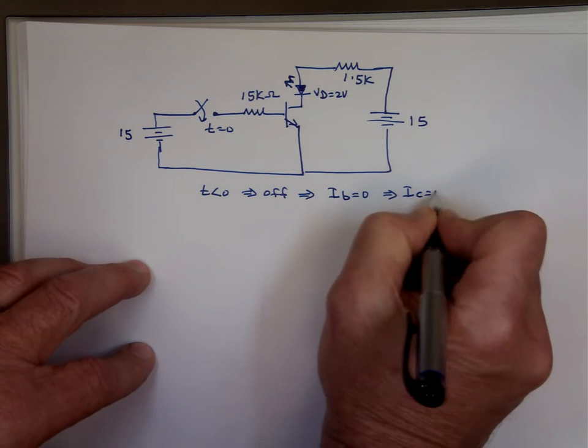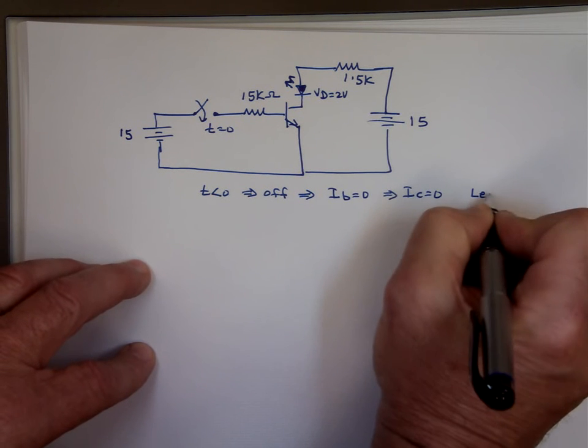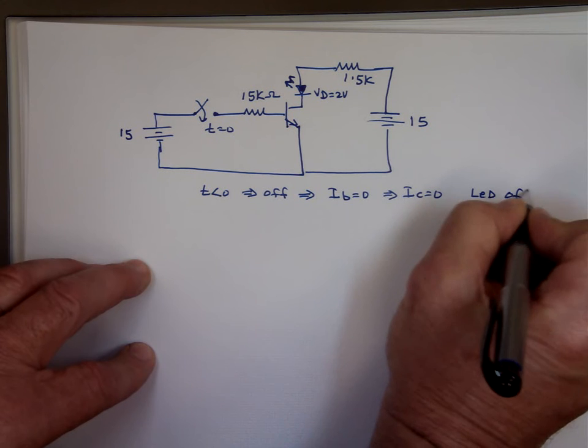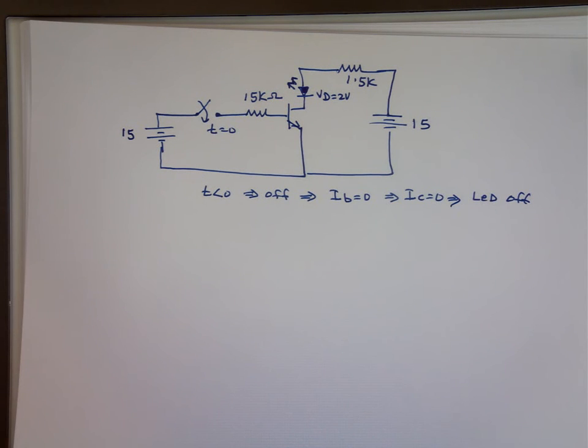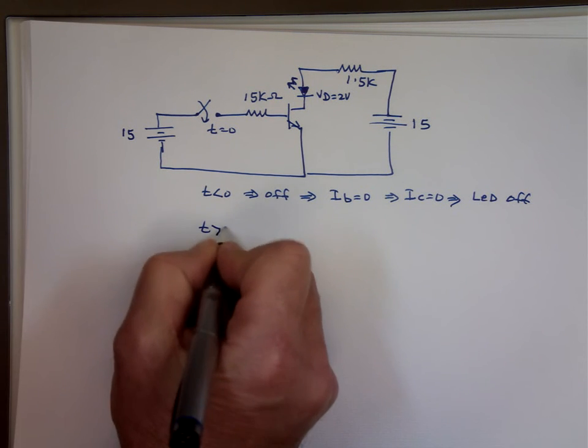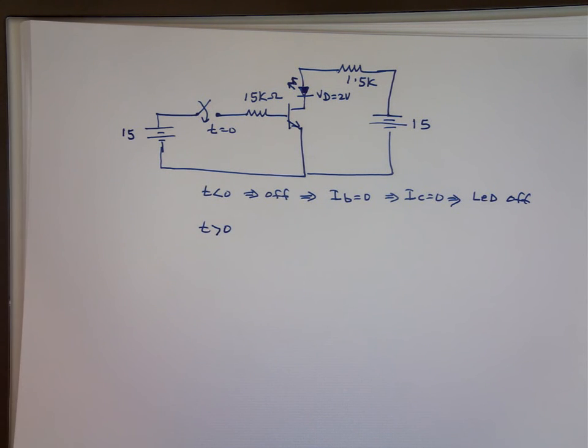LED is off. Now, what about when t is bigger than 0? What's going to happen? When t is bigger than 0, this switch will close.